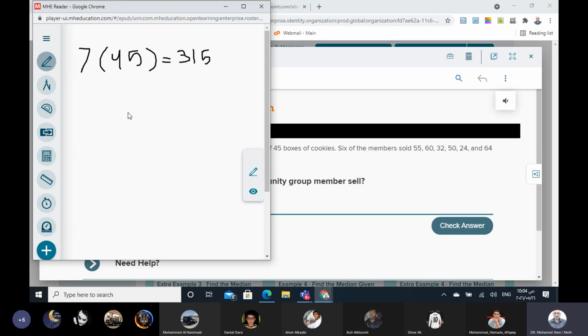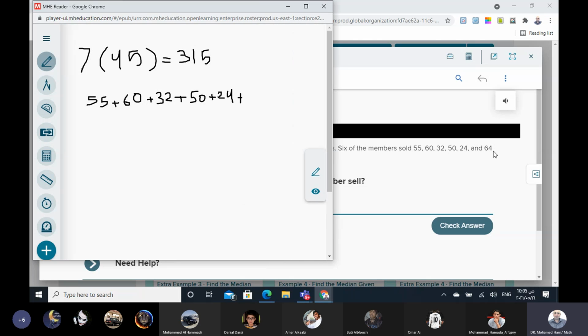Then we find the sum here: 55 plus 60 plus 32 plus 50 plus 24 plus 64. So the answer will be 285.